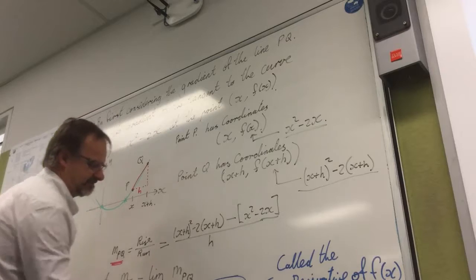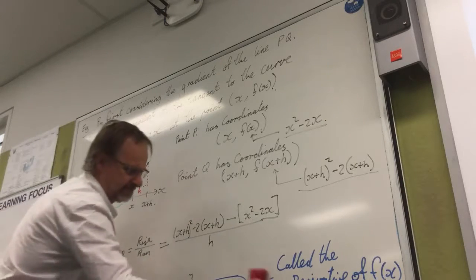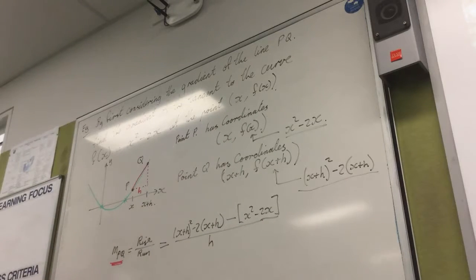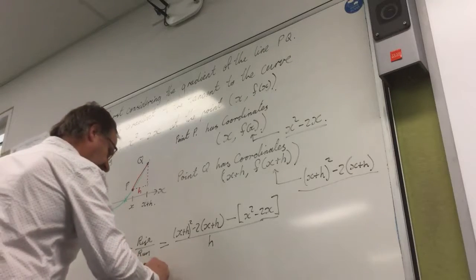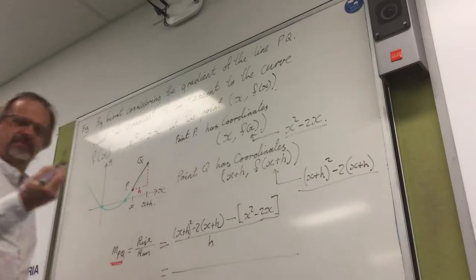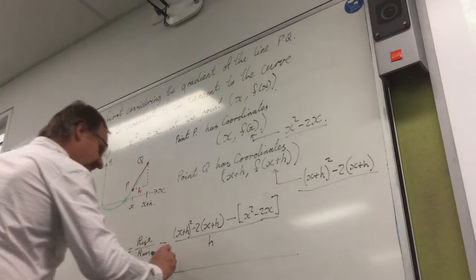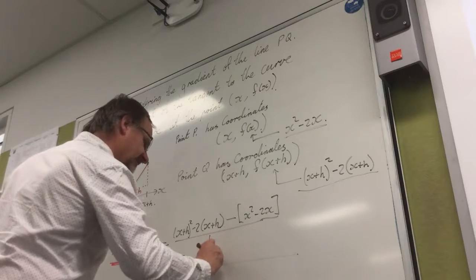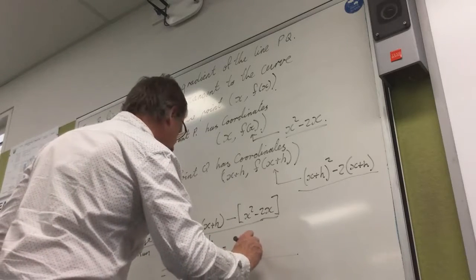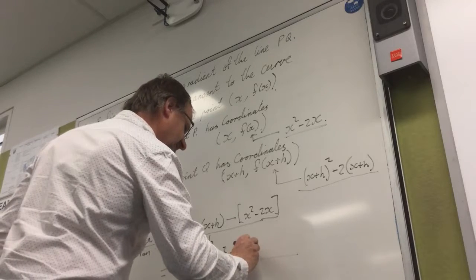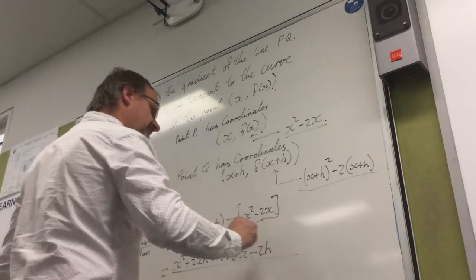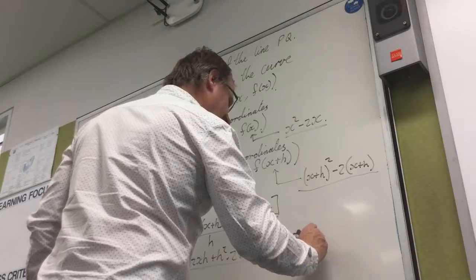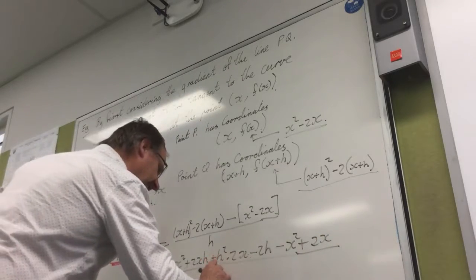Now we've got to expand all that stuff. It's just a bit of messy algebra, nothing difficult. When you do that, you get x squared plus 2xh plus h squared minus 2x minus 2h, then minus x squared plus 2x, all over h.